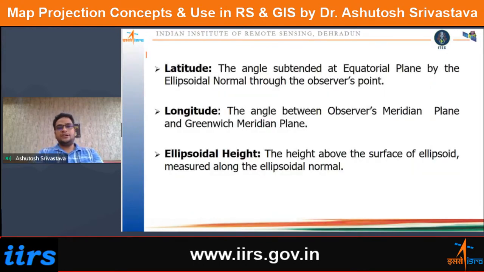Latitude is the angle subtended at the equatorial plane by the ellipsoidal normal through the observer's point. Longitude is the angle between the observer's meridian plane and the Greenwich meridian plane. And the ellipsoidal height is the height above the surface of the ellipsoid measured along the ellipsoidal normal.